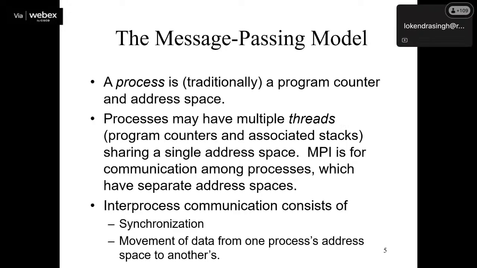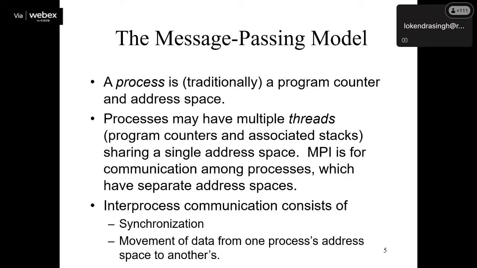So these are the basic message passing models. A process is traditionally a program counter and address space. So every process in a computing system has its own program counter and local memory space to compute the problems independently.